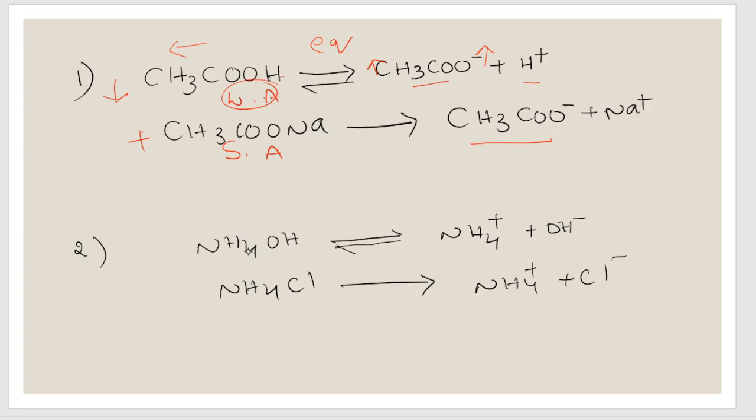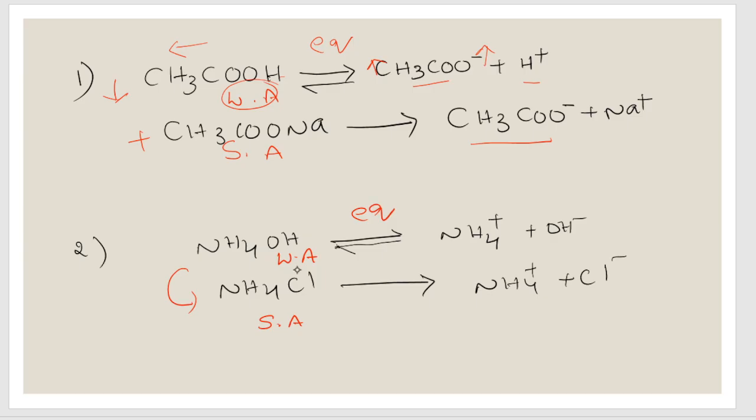Let's take another example. Ammonium hydroxide dissociates into NH4 plus ion and OH minus ion. It's a weak electrolyte. For this weak electrolyte solution, we add a second electrolyte, ammonium chloride.